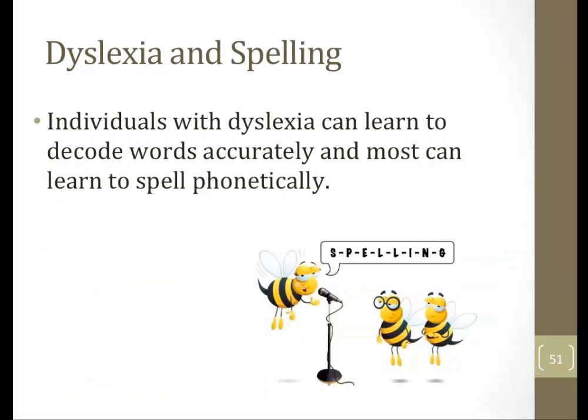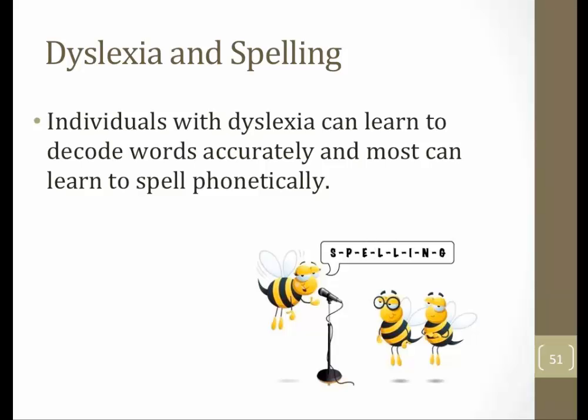I want to just speak briefly about dyslexia and spelling. Individuals with dyslexia can learn to decode more easily than they can learn to encode. Most dyslexics will struggle with spelling, but what you want to do is teach it so that they can at least approximate the spelling and spell phonetically.